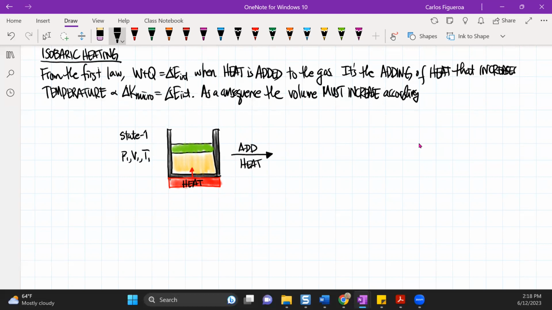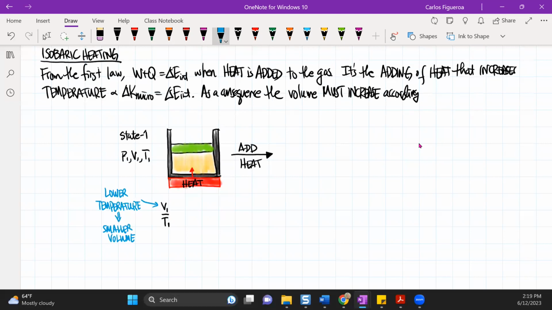And as we increase the temperature, here's what I see. The isobaric condition says that if I start off at a small volume and a lower temperature, right? So if I start off at a lower temperature, then I have to have a smaller volume.